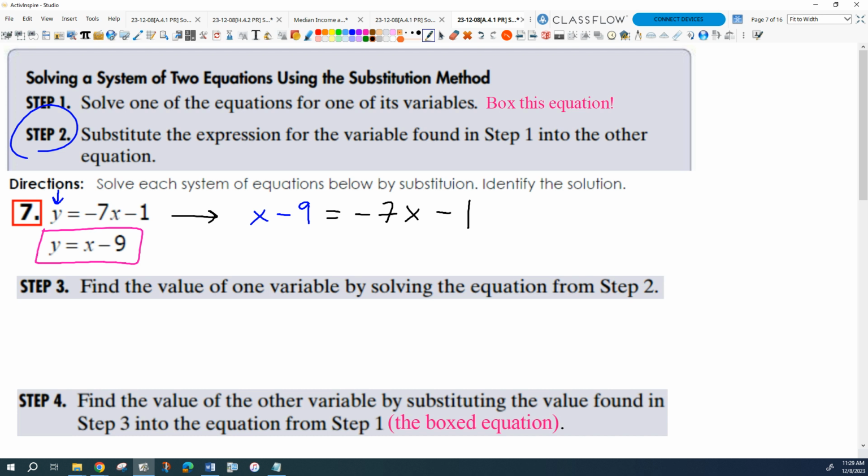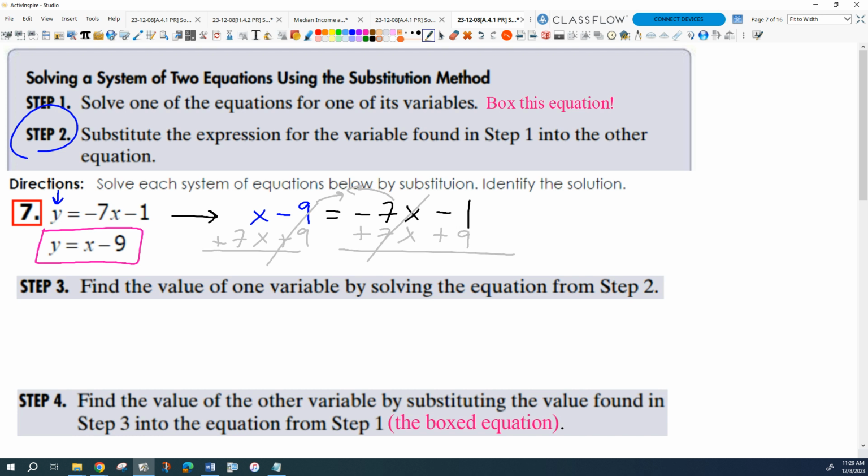Oh, okay, so good. I'm gonna push the x's which way, left or right? Left. Perfect. Okay, so we're gonna push these guys over there by adding 7x to both sides. And if I'm pushing the variables to the left, I might as well push the numbers to the right. So I'm going to push the 9 over there by adding 9 to both sides.